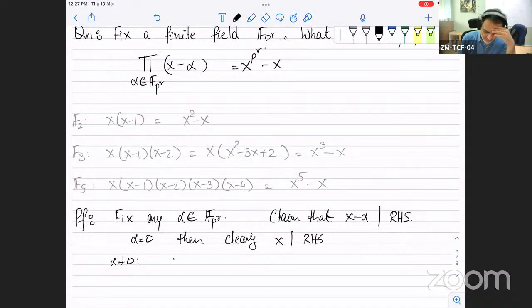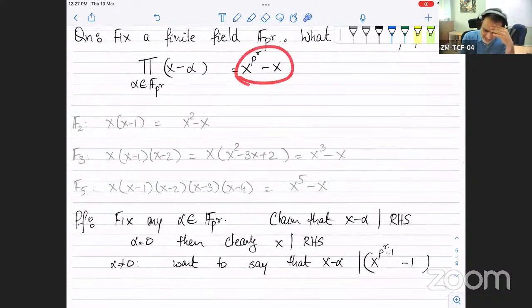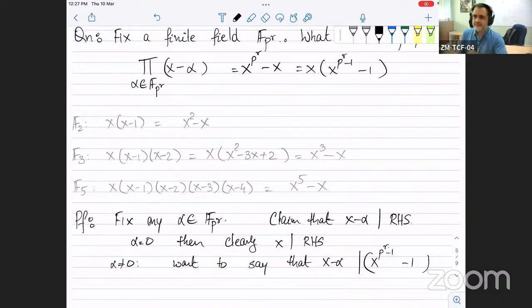Then I want to say that x minus alpha divides x power p power r minus 1 minus 1. I know the right-hand side is equal to x into x power p power r minus 1 minus 1. I want to say the 0 thing divides this guy, and every other thing divides this guy. That's what I'm trying to say. Now, why is this true?